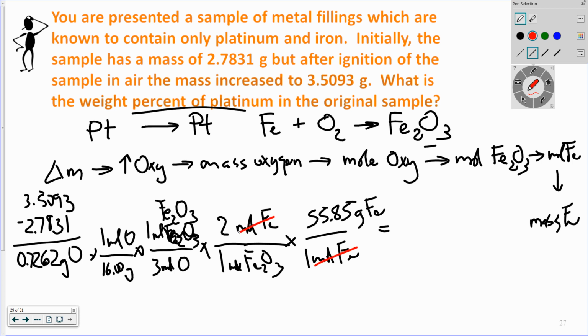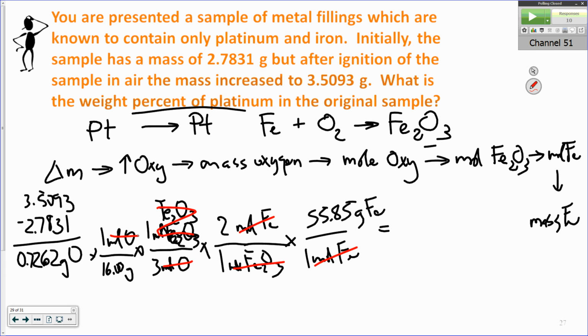Moles of iron cancel out, moles of iron oxide cancel out, moles of oxygen cancel out. This is grams of oxygen, grams of oxygen cancel out. So grams of iron, I think I got it right. So 2 times 55.85 times 0.7262 divided by 16 divided by 3. Okay, I got 1.69. Anybody else get that? Okay, good.